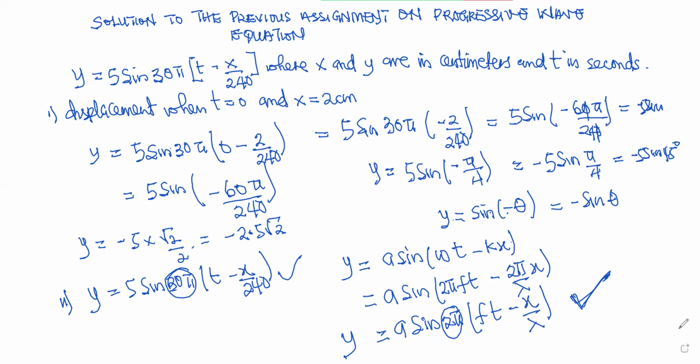Let me flip to the next page. We have y is equal to 5 sine of 30π times (t minus x over 240).